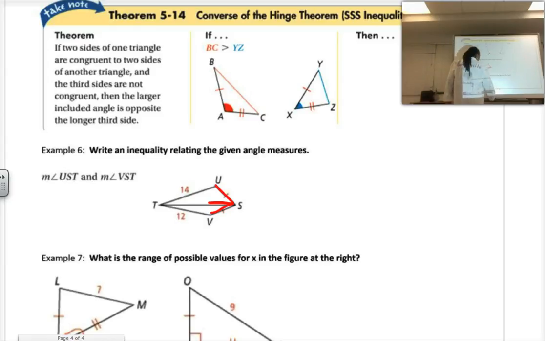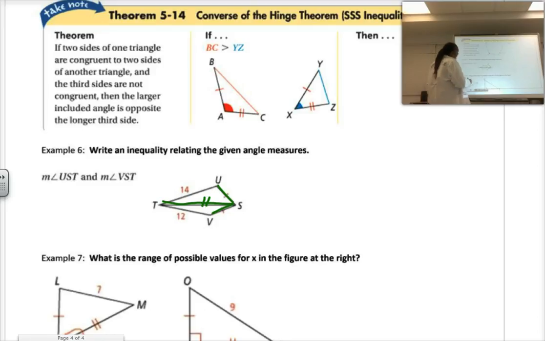Now, if we look at our two triangles, we see that we have US, which is congruent in the other triangle to VS. And then since we have this side that's going down the middle, this shared side would be the same measure for either triangle.